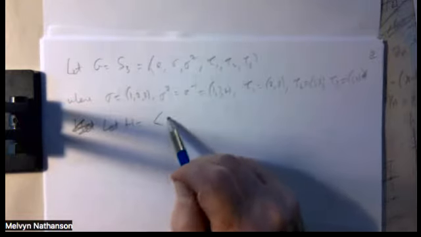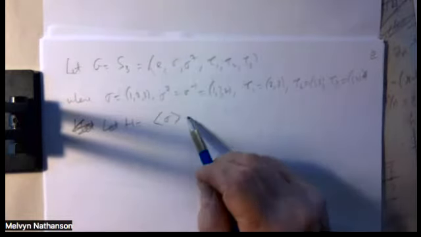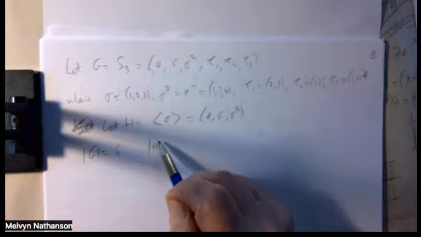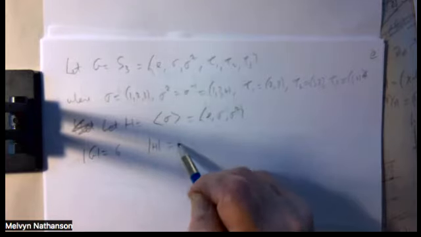And suppose I let H be the cyclic subgroup generated by sigma. So this is the identity, sigma and sigma squared. So the order of G is 6. The order of H is 3. The index of H in G is 6 over 3, which is 2.